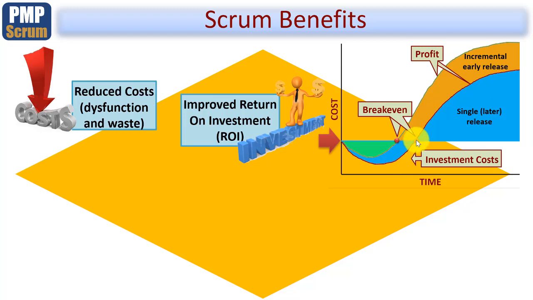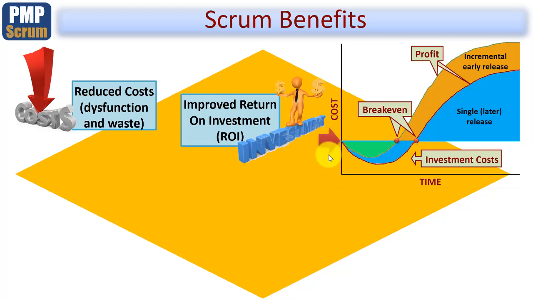They'll get a point, however, in time where you've paid back all the investment. From that moment on, the end product in its operational area will be giving benefits. Let's assume it's pure cost benefits. And now you'll start to make a profit. Okay? Now, with Scrum, as you've learned, we have sprints. And at the end of every sprint, and certainly at the end of every increment, there'll be a potentially shippable product.